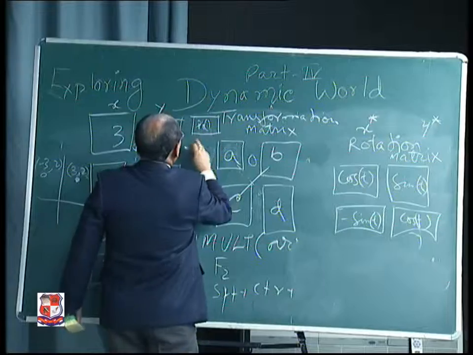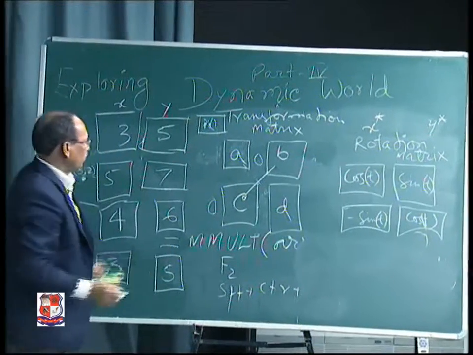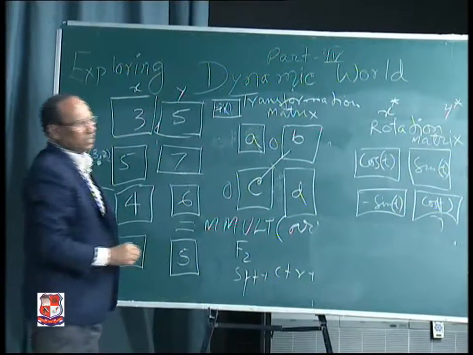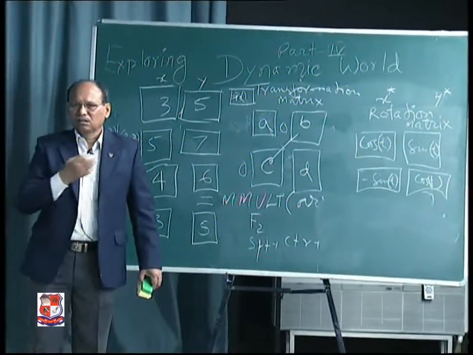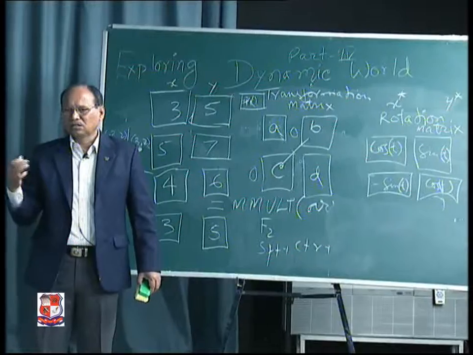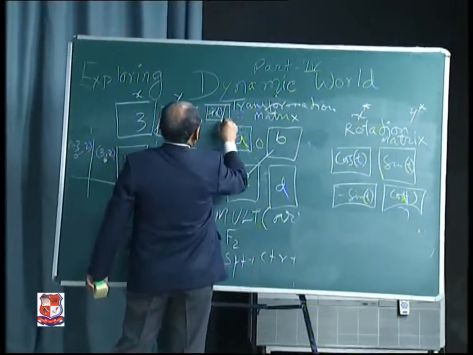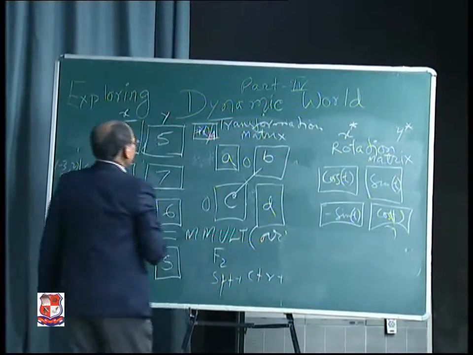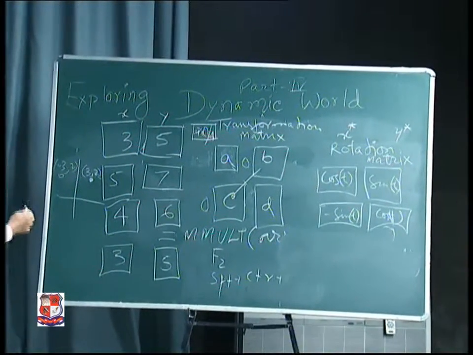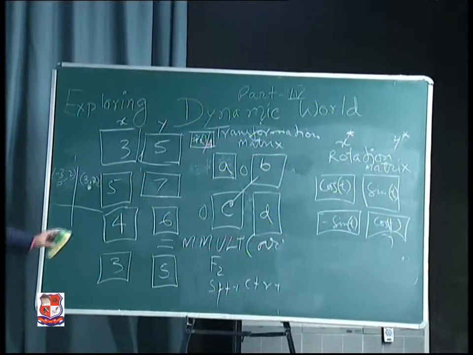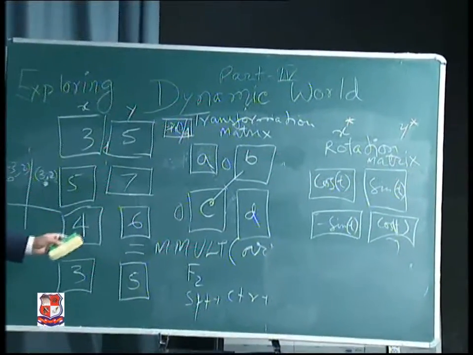As I told you yesterday, in Excel the command is equal to pi, you have to write pi, you need not put the number. It is equal to pi brackets divided by 4. So, what does it mean? Pi is 180 degrees, so pi by 4 is 45 degrees. We want to rotate that triangle by 45 degrees.